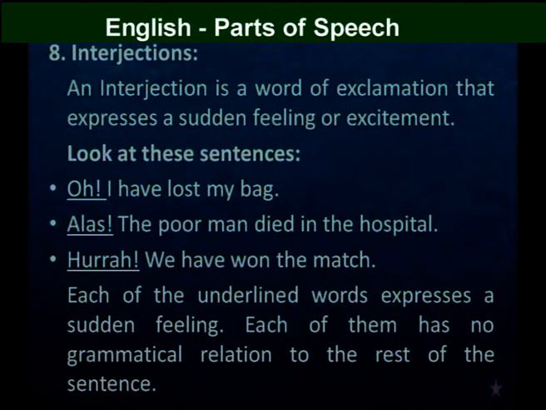These are all the words used to express some sudden feeling. They are called exclamations, words of exclamation. So, interjection is a word of exclamation that expresses a sudden feeling or our excitement.